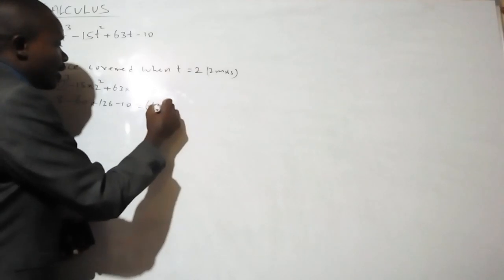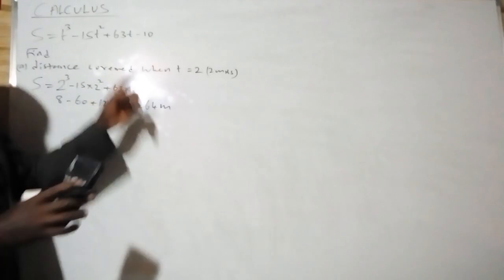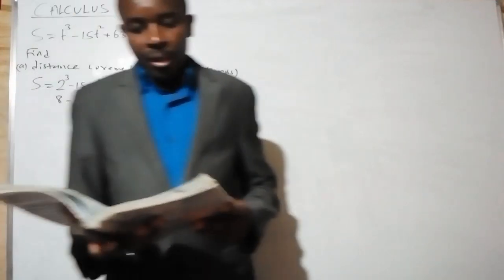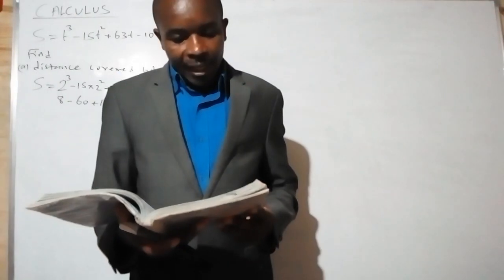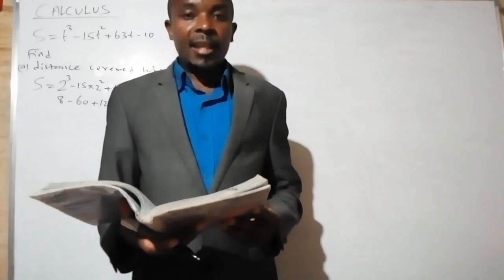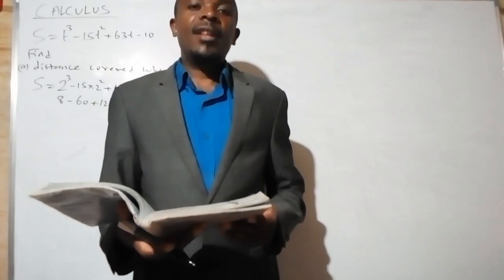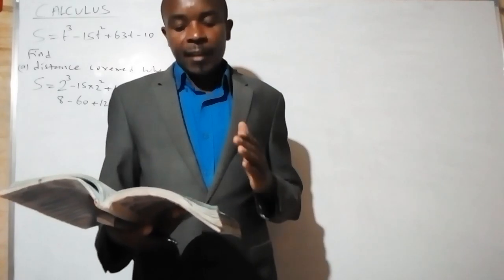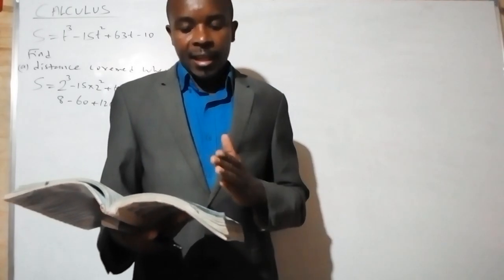That is the distance. Next, we've been told to calculate the distance covered during the third second. This is supposed to be the difference between the distance at the third second and at the second.